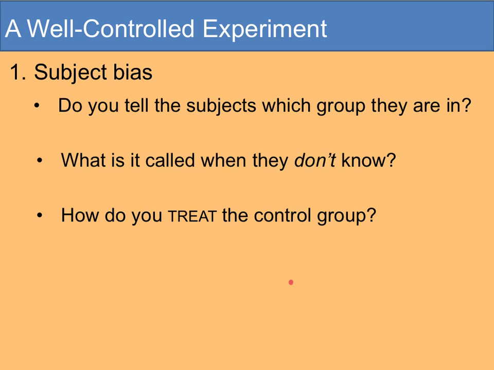But that's one of those experiments where you can't control subject bias. In the best of all possible worlds, you would have a situation where individuals who got a specific treatment, let's say vitamin C, didn't know which group they're in, right? It's called a blind experiment.